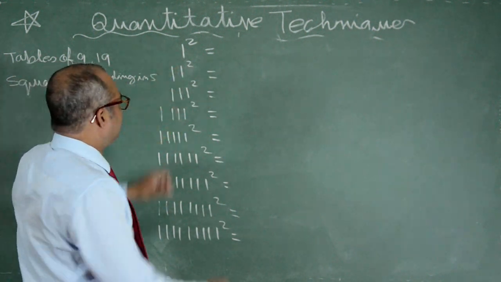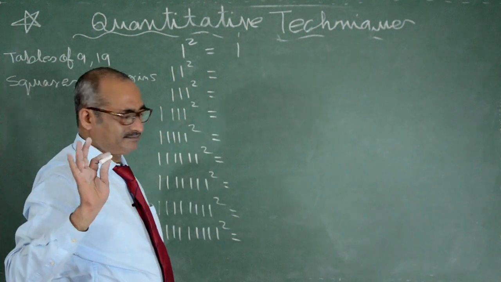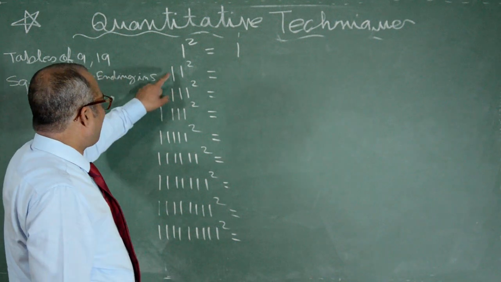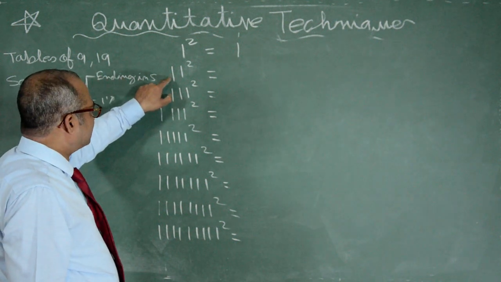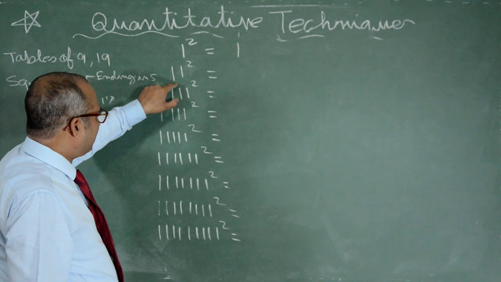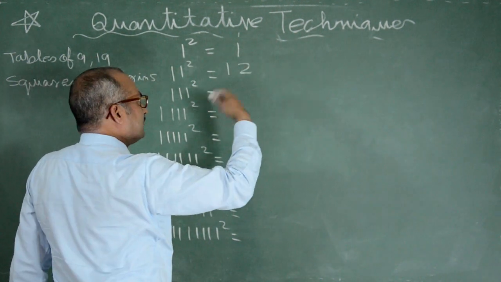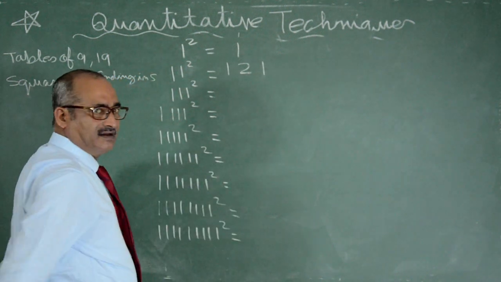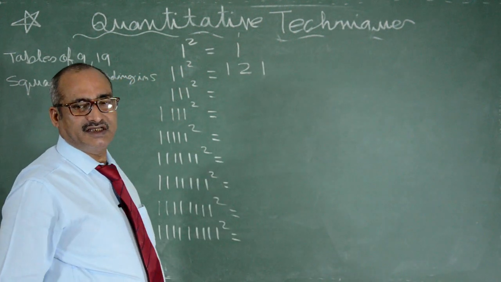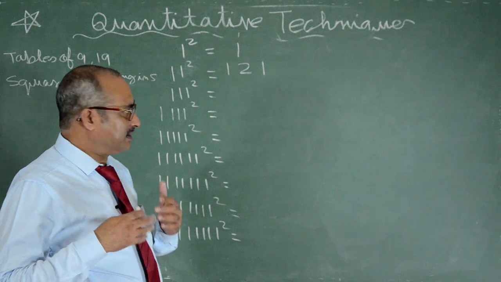Square of 1 is 1, this much you know. Now finding square of 11. How many digits are there? 2 digits are there. 1 and 1, 2. You just write 1, then 2, then reverse 1. Answer is 121. Square of 11 is 121.